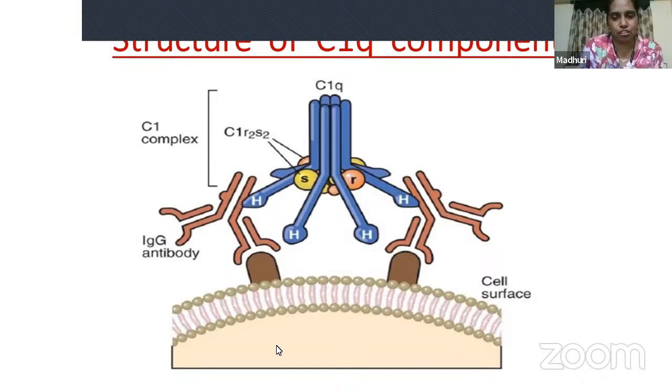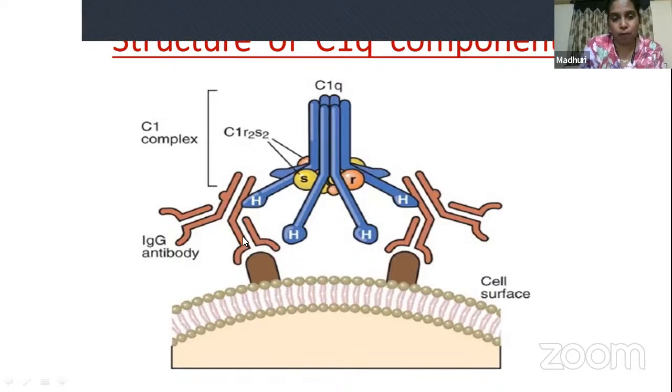You can see the antigen. You have the receptors or the antigenic moieties which can be identified by the immunoglobulin. Once the immunoglobulin comes and sits, it has an active receptor on the Fc terminal of the immunoglobulin molecule, which gets activated. To that, we have the C1q molecule coming into picture, right?